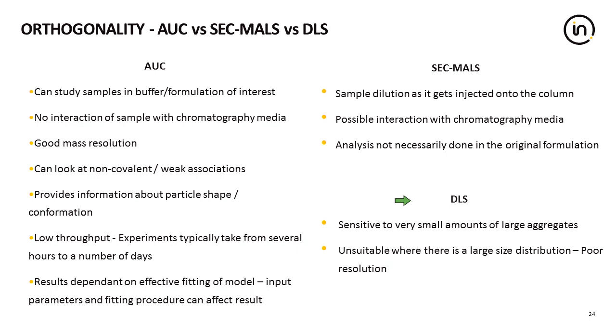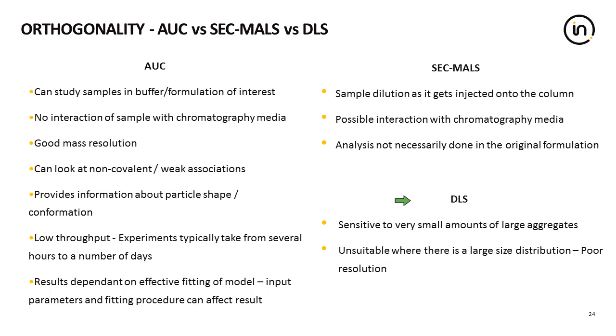And with DLS, the main advantage is that if we are looking at very small quantities of really large aggregates, it will detect them. But because of its low resolution, it's going to struggle if the size distribution range is not big enough. So all in all, if we do just AUC, we'll not get the right answer. We might not get the right answer with SEC-MALS or DLS on its own, or we might get it.